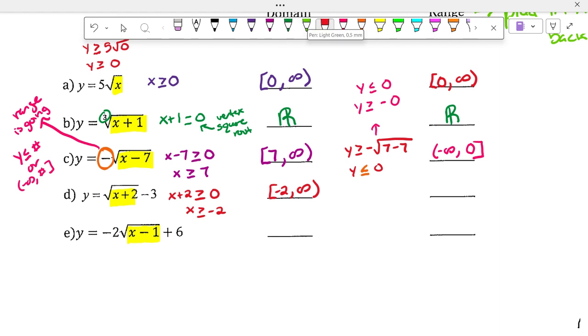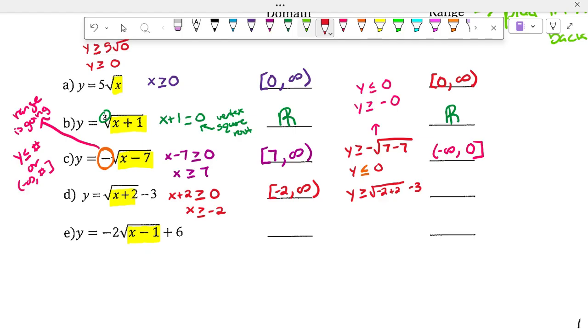So let's go with Lucas. If I plugged it back in for the range, there's no negative, so we have y is greater than or equal to. So how would I plug it back in for the range? Wait, so are you plugging in the -2? Yep. So -2 plus 2, and then the -3.